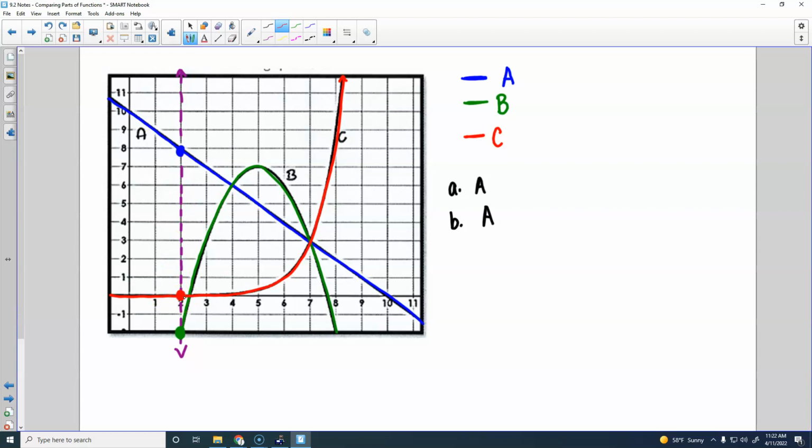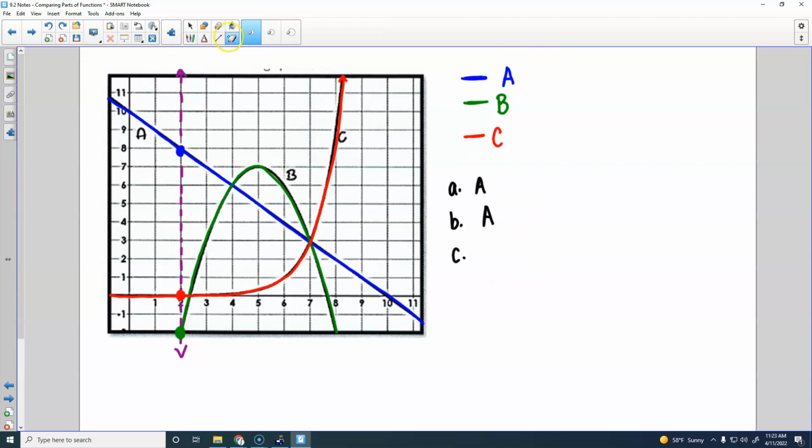So, which one of those has the highest value? A. Next would be C, right? That red dot right there. And then the lowest would be D. Oh, I did put them backwards, and there's no D. I'm losing my mind.